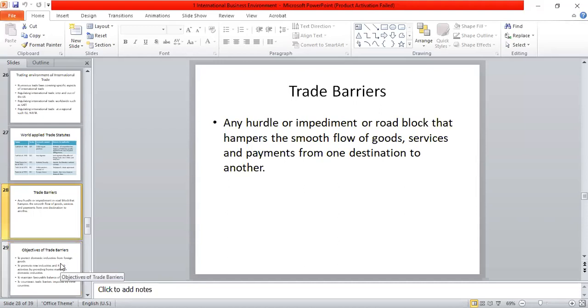So this is nothing but the hurdle or roadblock that hampers the smooth flow of goods or services and payments from one destination to another.